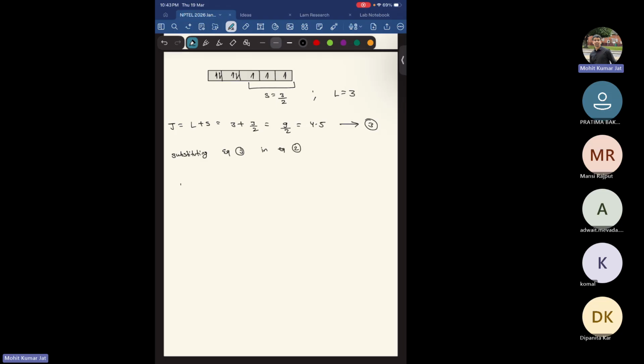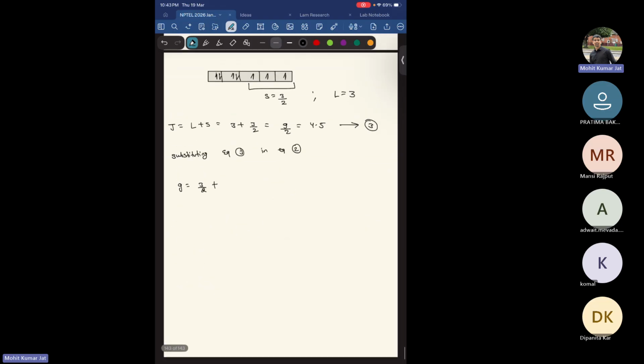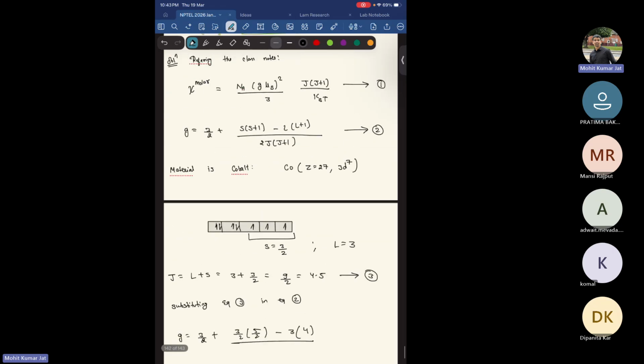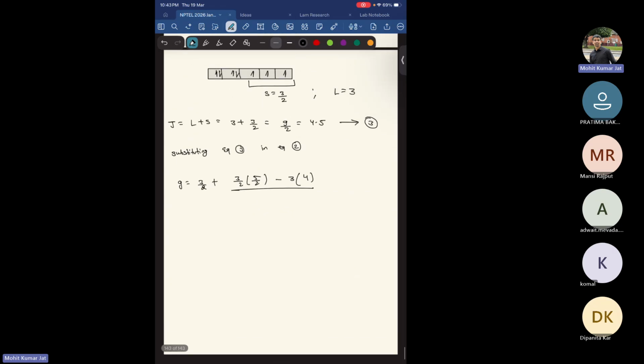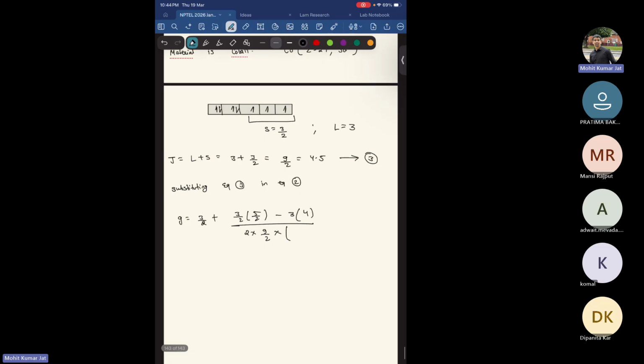What we get is g equals 3/2, which is a constant, plus S(S+1), which is 3/2 times 5/2, minus L(L+1), 3 times 4, divided by 2 times 9/2 times (9/2 plus 1).